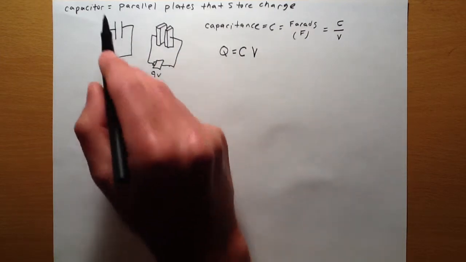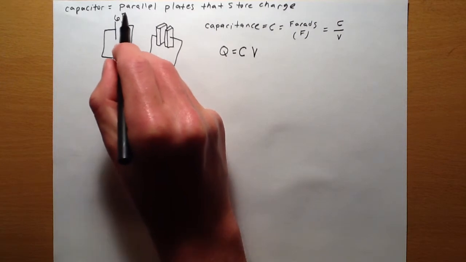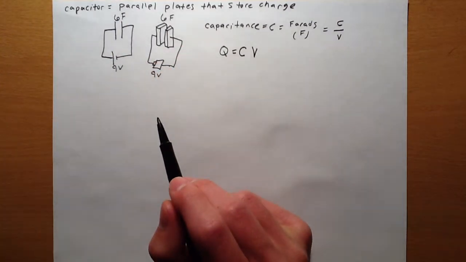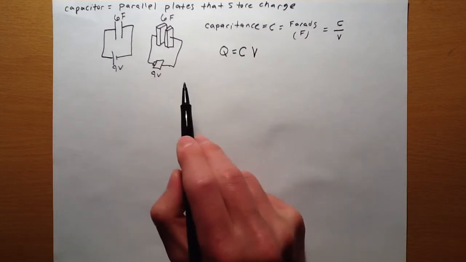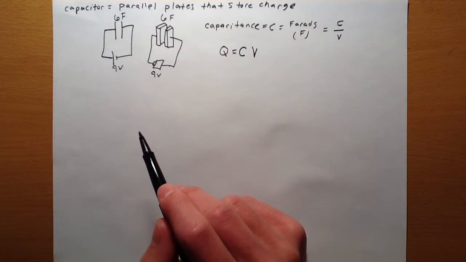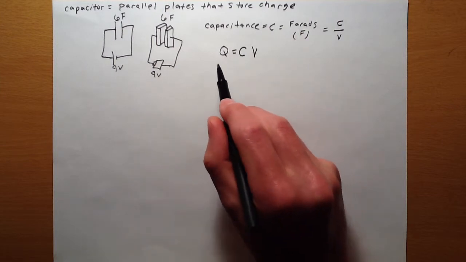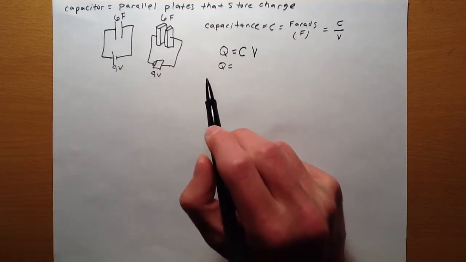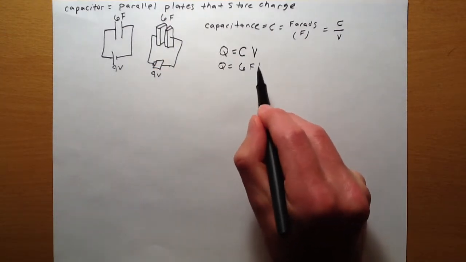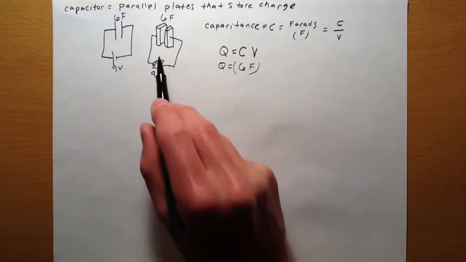So let's say that these capacitors are 6 farad capacitors. And these are 9-volt batteries. So we can figure out the charge that is stored on each plate. So charge is equal to capacitance, which is 6 farads, times voltage.